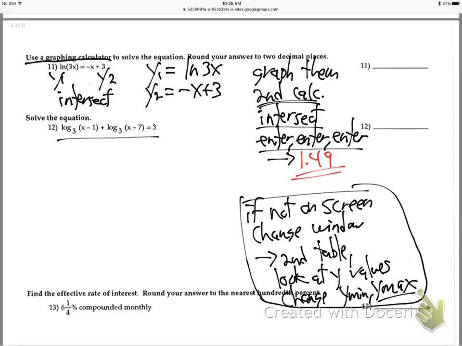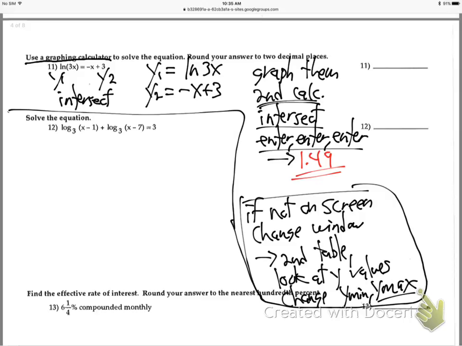All right, let's solve this one. How do we solve that thing? Let me give you a second. See what you remember. Countdown, right? We count down the logs.